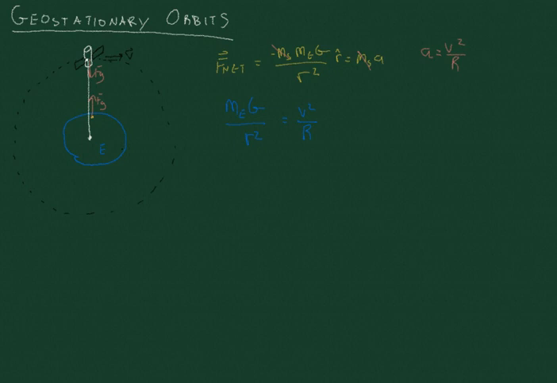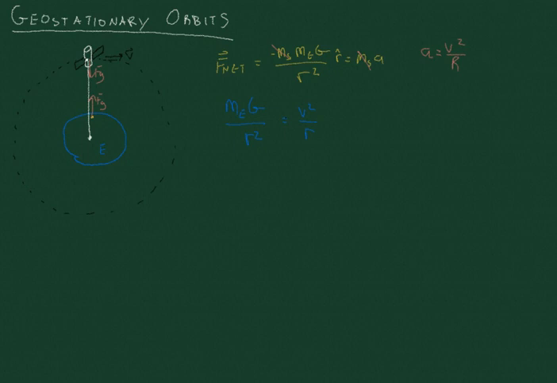So in this case, there's really two unknowns. We don't know r, and this should be a lowercase r over here because this is the same radius. So we don't know r, and we don't know the velocity. We can really choose which one we want to solve for.